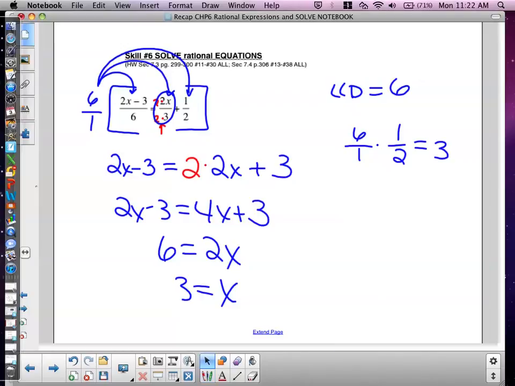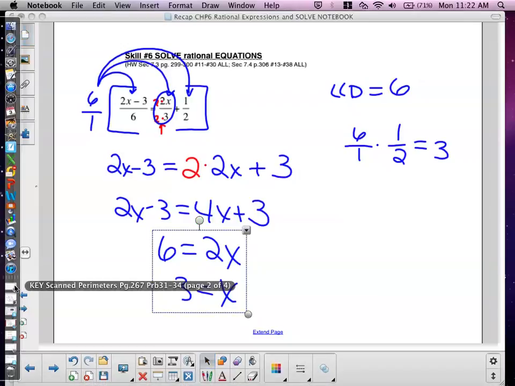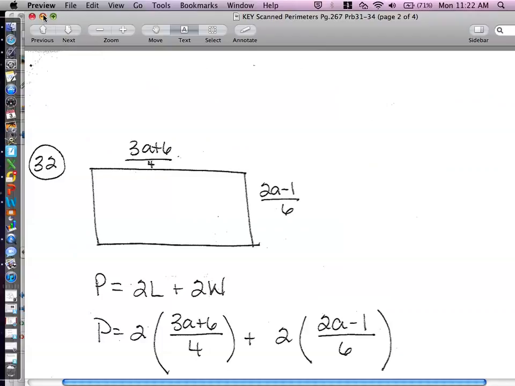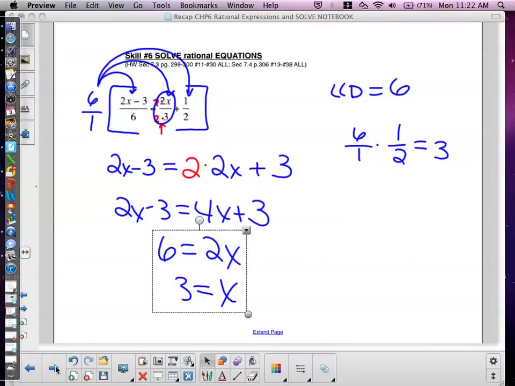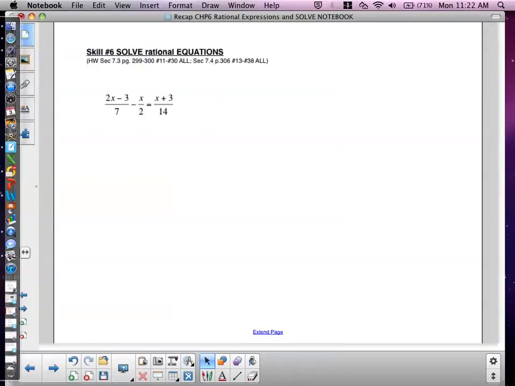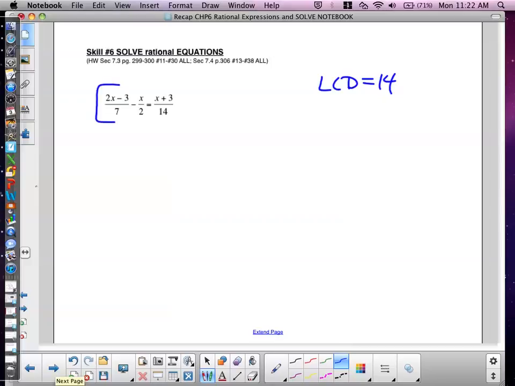Let's do the next example together from the handout. Looking at the rational equation, the fractional equation, the LCD for this problem is 14. I'm going to multiply each term of the equation by 14 over 1.